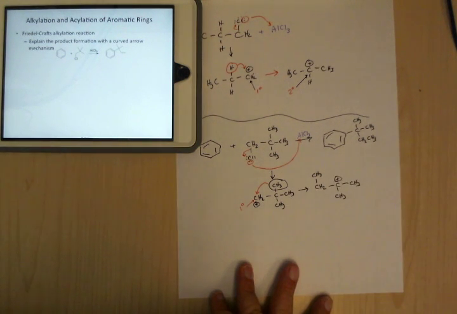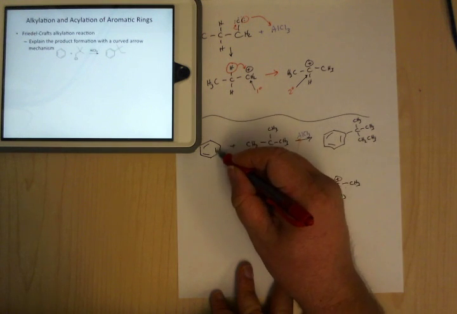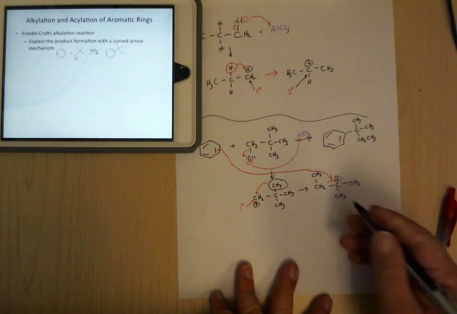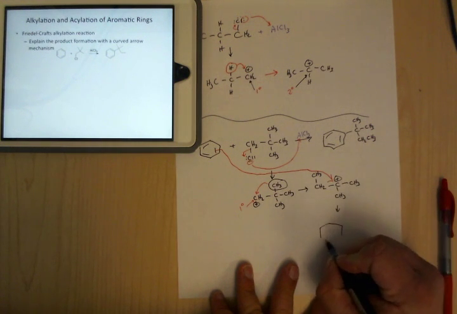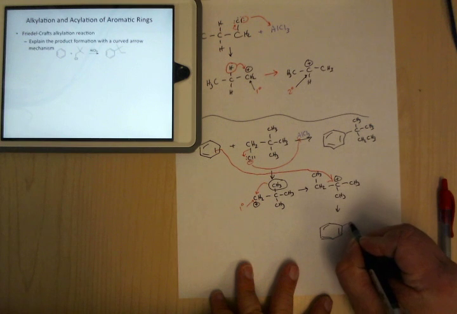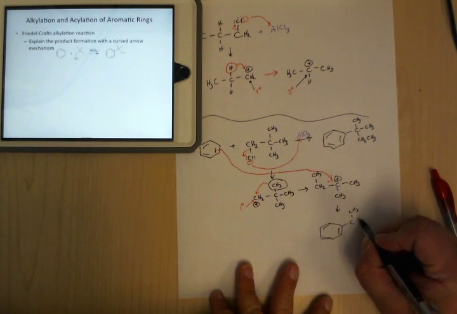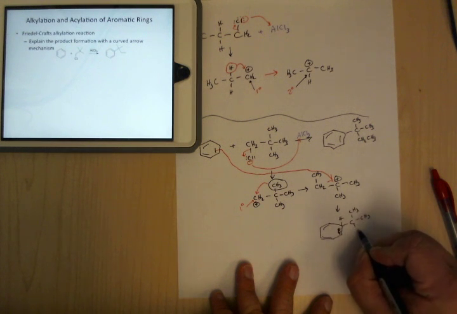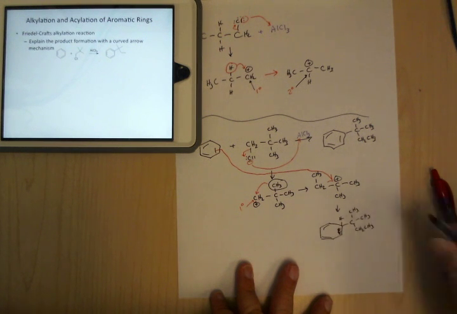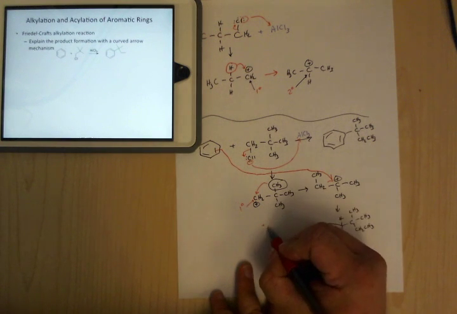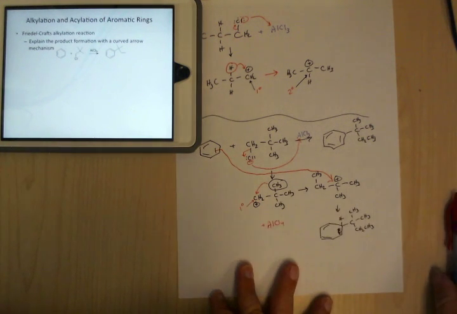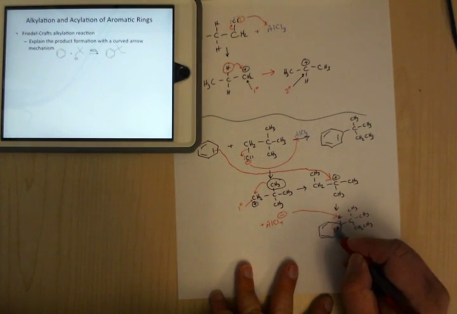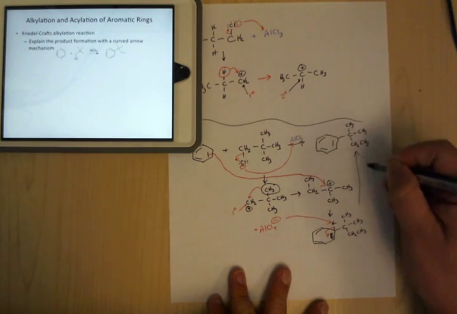Now, this is what gets attacked. Plus AlCl4 minus, which grabs that hydrogen, reforms the benzene, which gives you that.